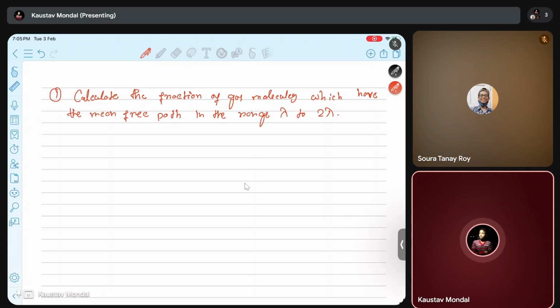The options are: option A is 0.14, option B is 0.51, option C is 0.37, and option D is 0.43.